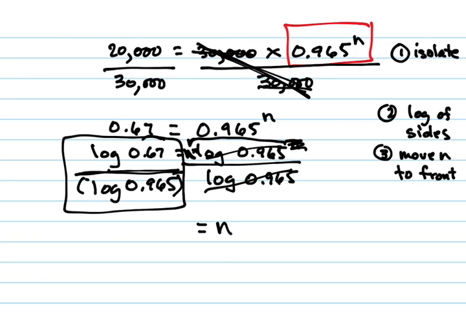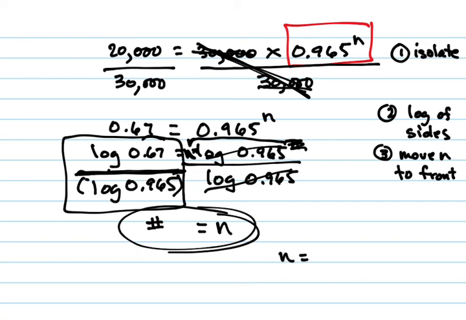Now again, it depends on your calculator, and I haven't used your Casio enough to know what it's going to be. Hopefully you can just plug it right in, but you can write it as a fraction using your fraction bar with the log in the top and the log in the bottom, and then hit equals, and it's going to give you some number, some value. Okay? Now we're talking about months here.